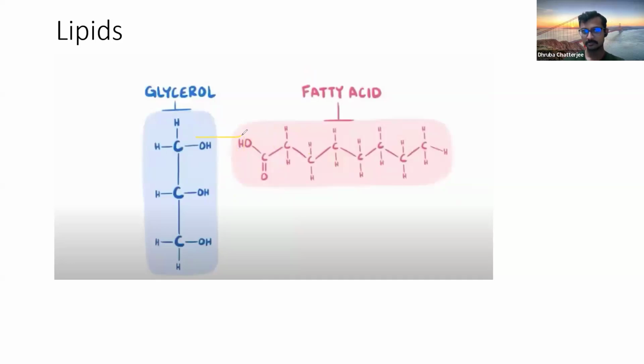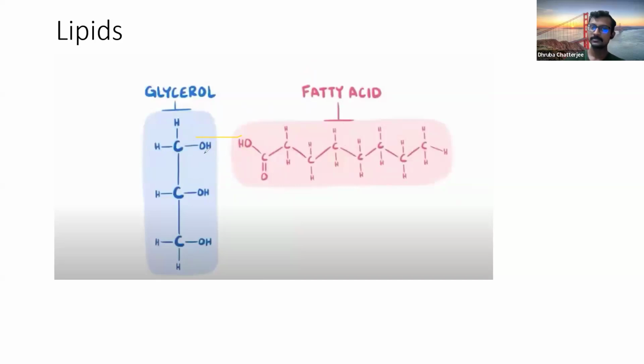A covalent bond is formed. If you look at this covalent bond, it will be C double bond O in the fatty acid, so it will be R C double bond O, single bond O R. That is the ester bond, right? So one ester bond is formed between this glycerol and the COOH of the fatty acid, to link the glycerol molecule to the fatty acid.